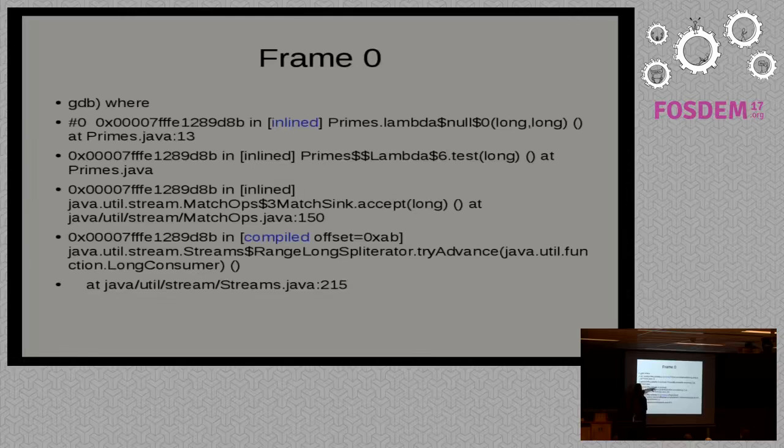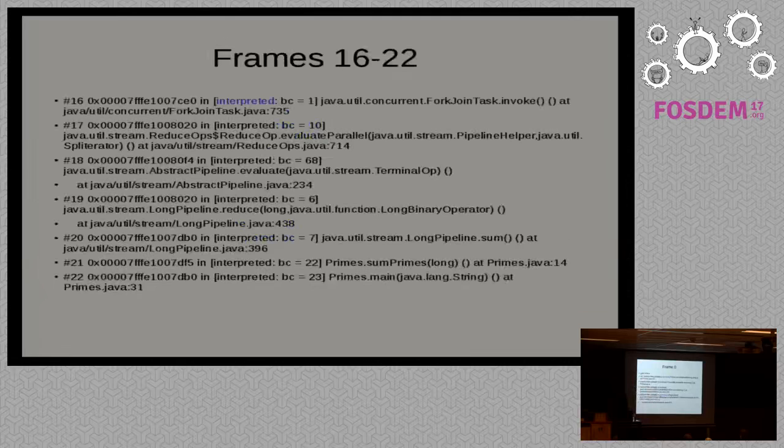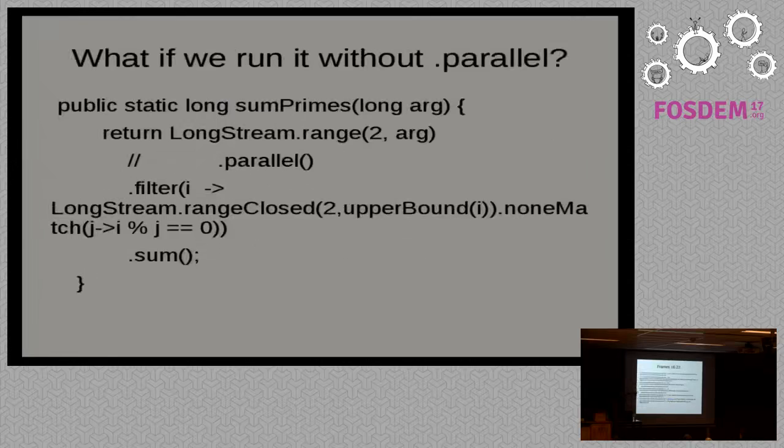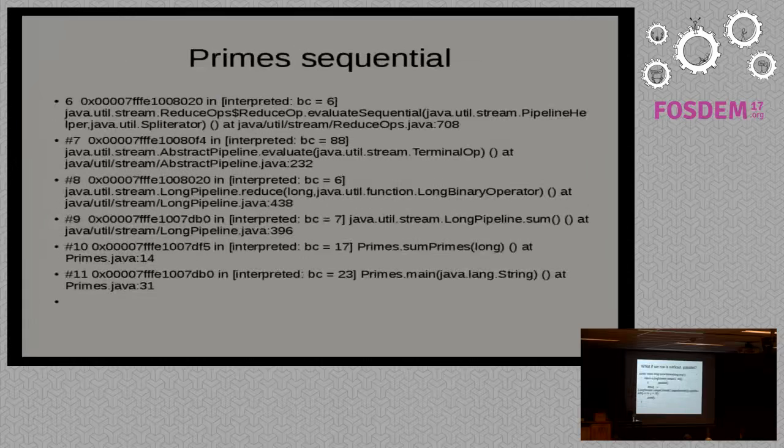And the GDB unwinder can handle all of that and show you what your Java program's doing. In here, you can see all the interpreted methods, because these are only getting executed once. And you can comment out the parallel, and look at the GDB output and see that, in fact, you're up here to evaluate sequential, and you never go to the ForkJoin stuff.